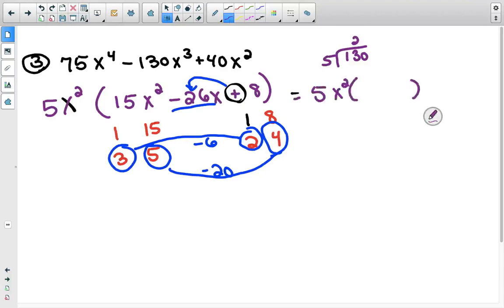There's going to be two quantities. The lead terms in each quantity are going to be a 3x and a 5x. Then the 3 got multiplied by a 2. Let me make my little loops. So 3 is getting multiplied by 2, but I want it to be negative. And then 5x is going to be multiplied by 4. And again, I want a negative 20. And there you go.